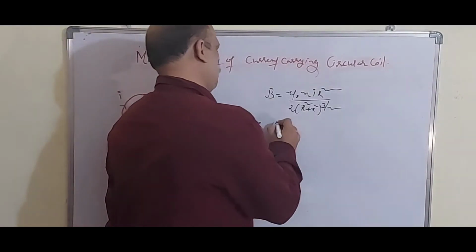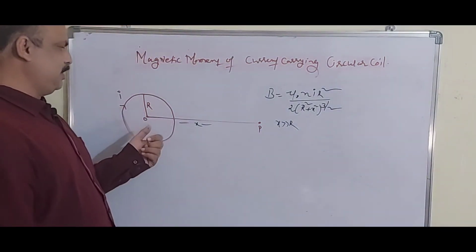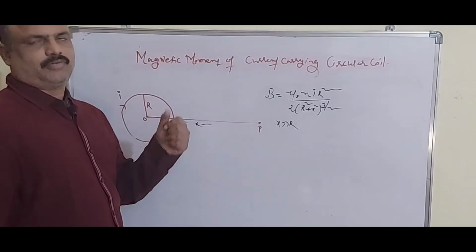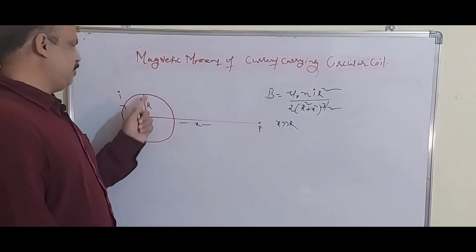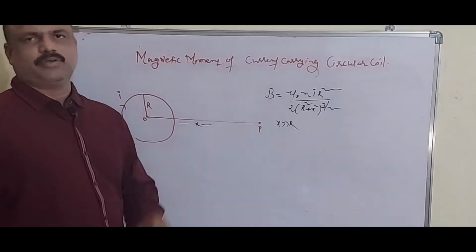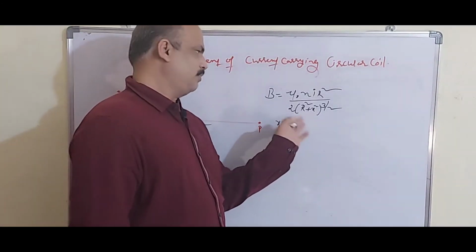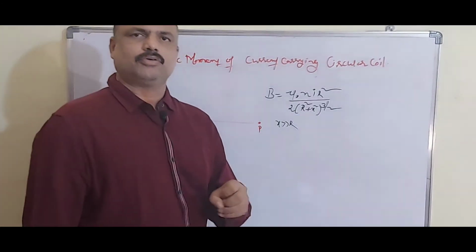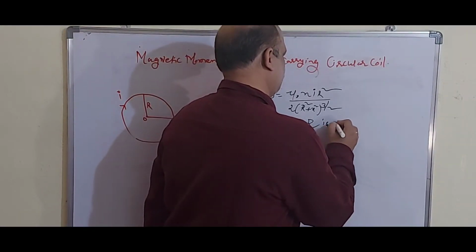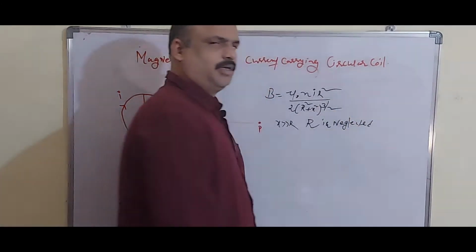So, we know that here x is very much greater than r. x is the distance of a point from the center of the circular coil, and r is only the radius. By comparing x with r, x is very much greater than r, so r should be neglected in the denominator.